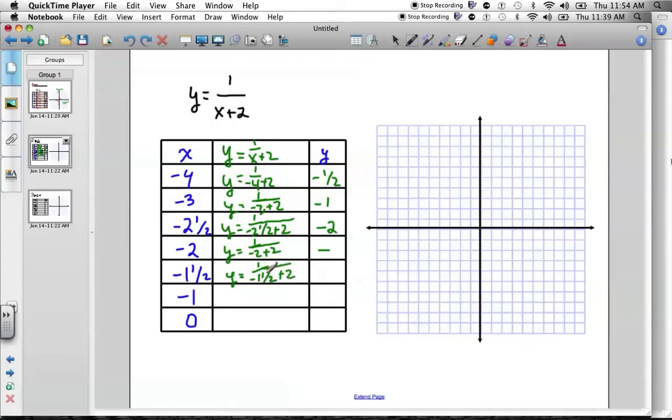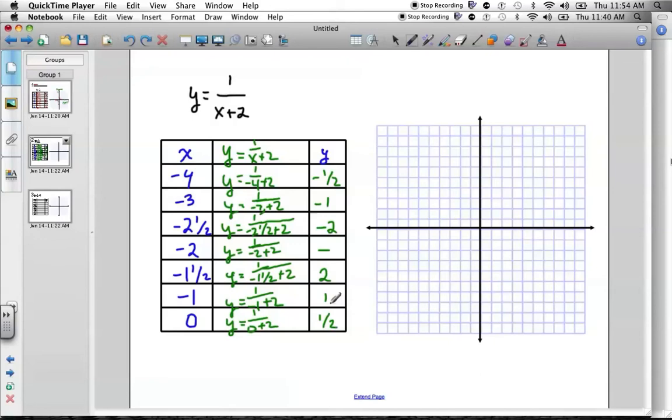Here you actually end up with 1 over 1/2, which will give us a value of positive 2 now. This here, negative 1 plus 2, will be 1. And then you have 1 over 0 plus 2, which will give you a half.